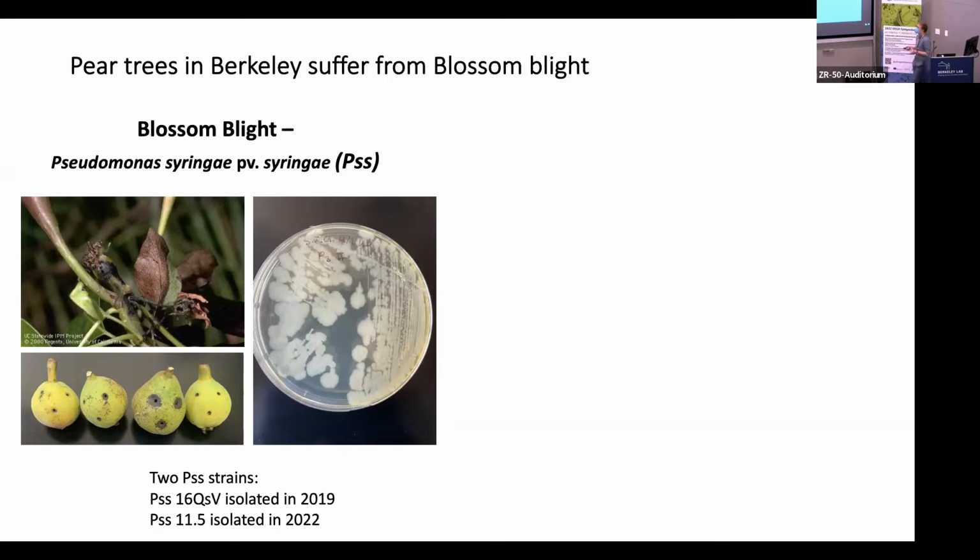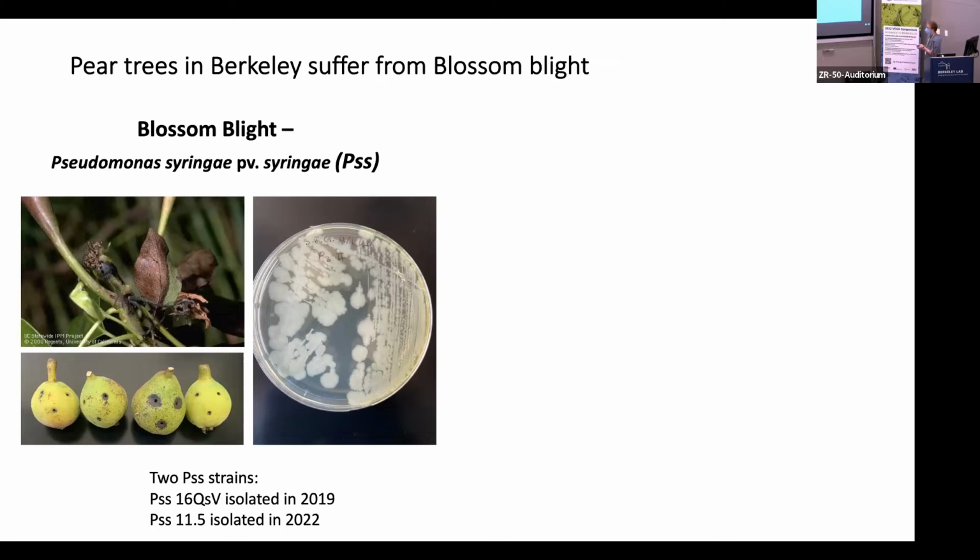Blossom blight is a disease that manifests itself, as you can see over here, by the leaves turning brown and black, and the young fruits, in this case, turn completely black. The bacteria themselves have a taste for flowers. That's also why the disease is called blossom blight. The disease is caused by Pseudomonas syringae pathovar syringae.